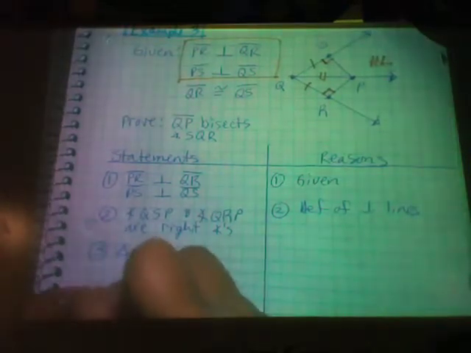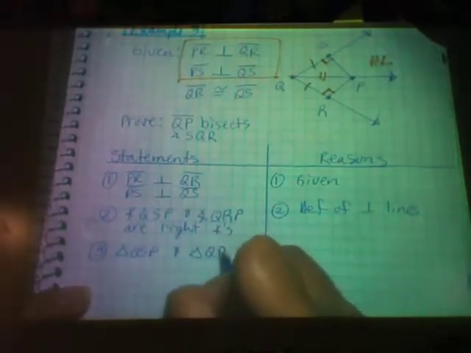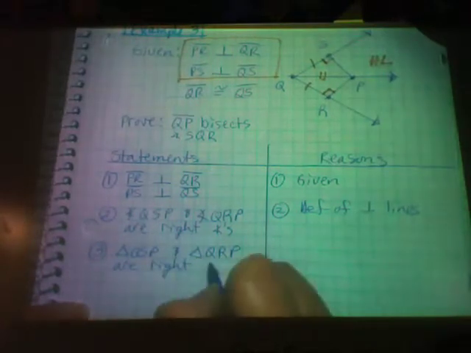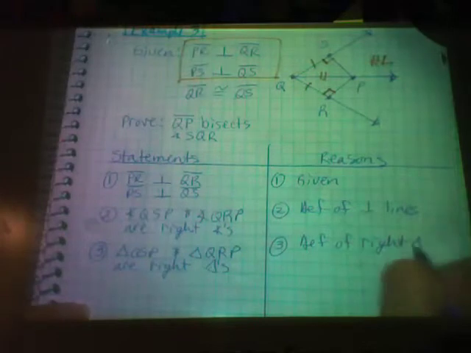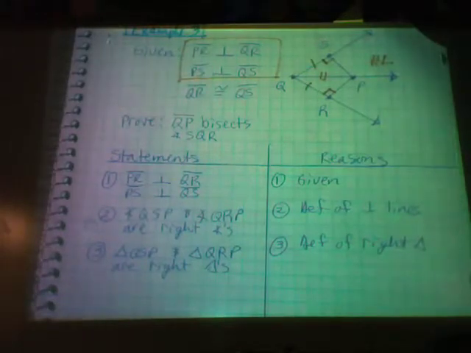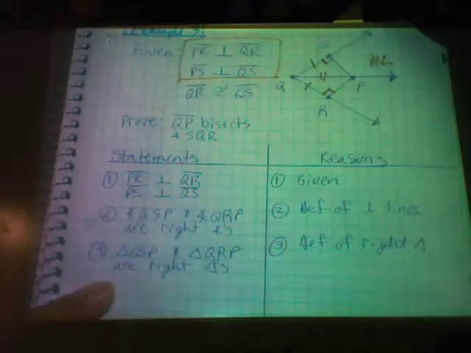So triangle QSP and triangle QRP are right triangles. Why? Definition of right triangles, because the definition of a right triangle says you need one right angle. Didn't we just state that they have a right angle?